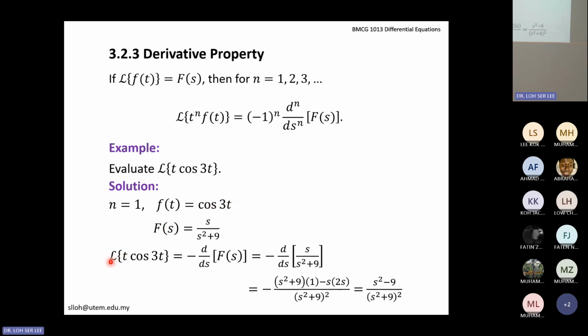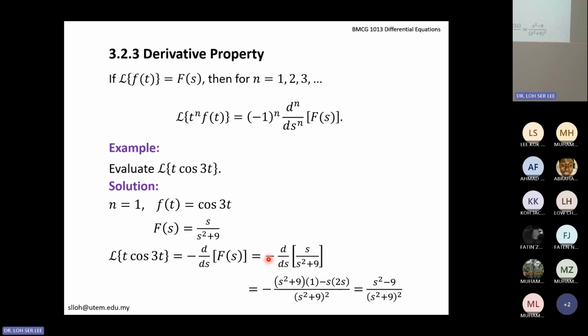Then we start to Laplace transform the product function. n is 1, which means we have a negative sign, because your n is 1. And then d over ds, we differentiate one time on this function. So what is this function? This one. We will differentiate this function one time with respect to s.